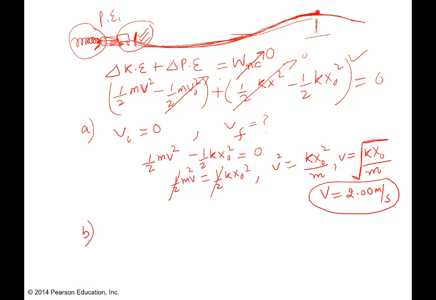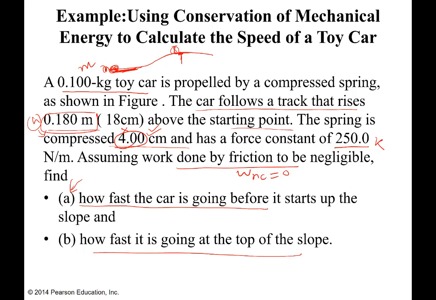The first part was telling us to find the speed with which it is launched, how fast the car is going before it starts up the slope. When it starts up the slope, potential energy due to gravity is 0. The entire conversion happens between elastic potential energy and kinetic energy. All right, now for part B, we'll see what is happening.